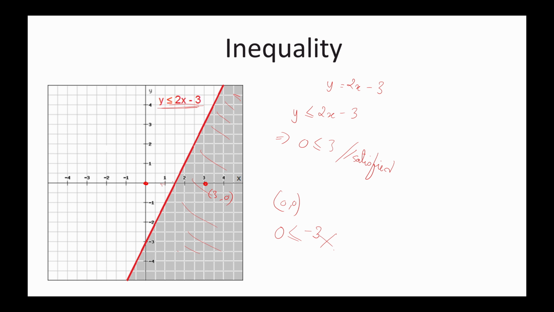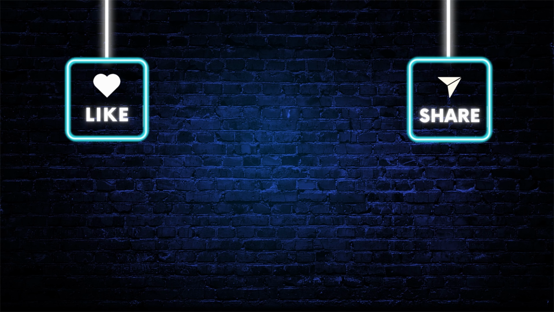So the values of y below this line would be our answer. Let's say if the equation had been y greater than or equal to 2x minus 3, then since all these values of y lie above this line, that would have become our answer. So this is how you shade the portion, or find the area bounded by inequalities.